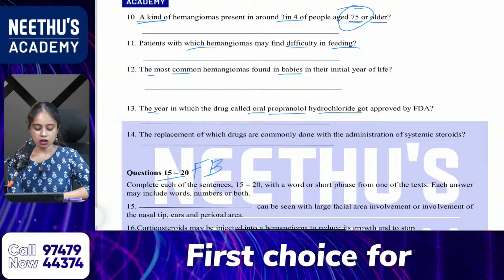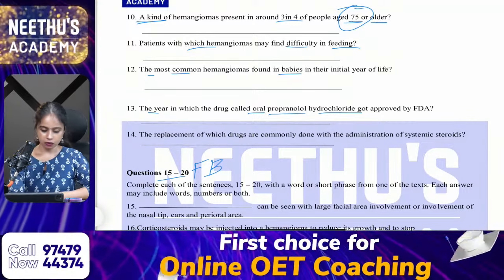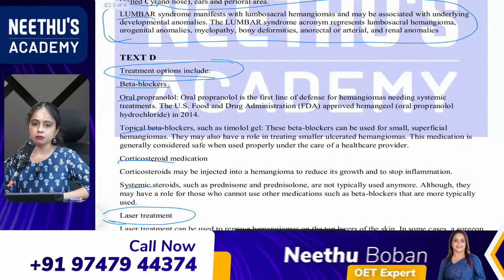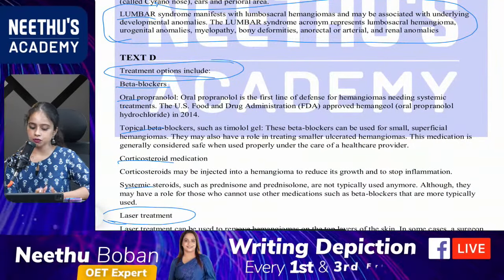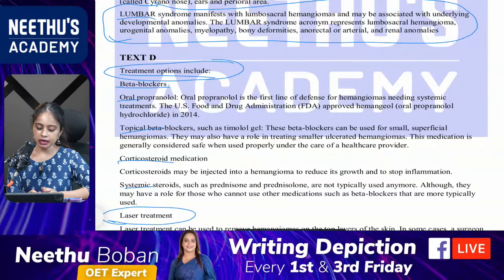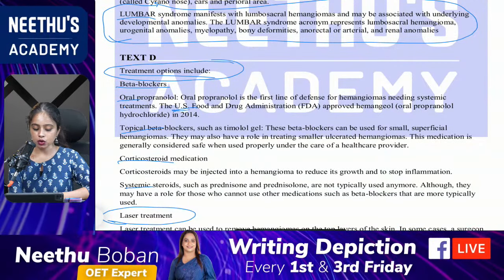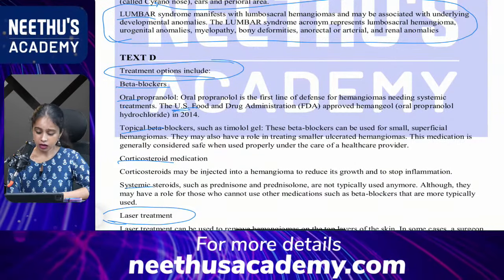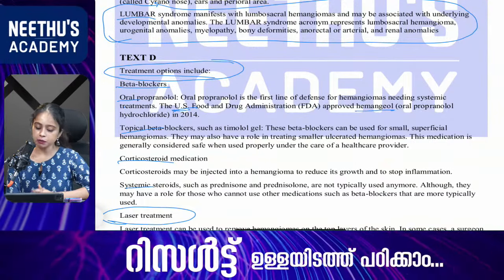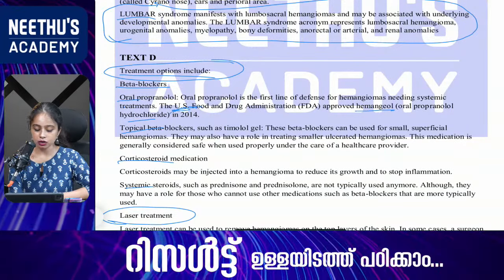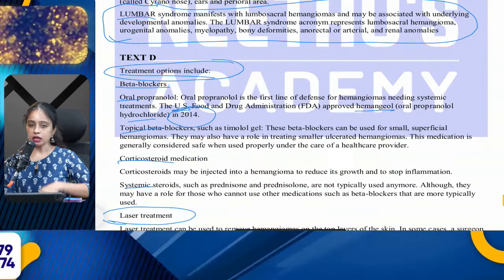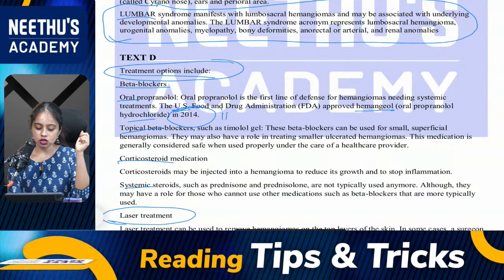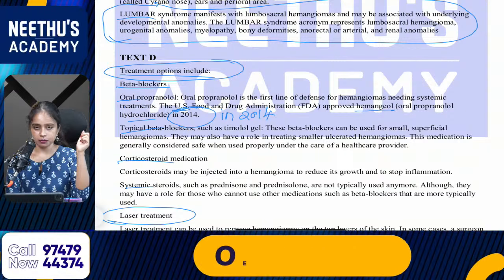So what is the year? See in text D, oral propranolol, that is the keyword from the question. In the final lines they have mentioned, the US Food and Drug Administration approved hemangiol or oral propranolol hydrochloride in 2014.